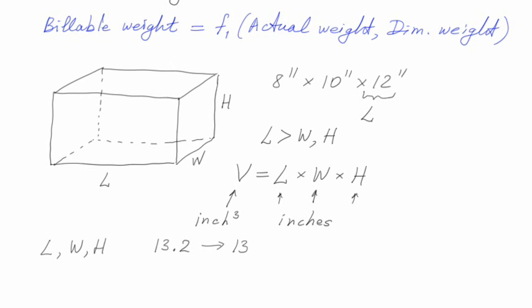Now if we measure the length of another package and find it to be, let's say, 14.6, in this case it should be rounded to 15. So that's the general idea of how rounding works. Now let's write the equation for dimensional weight.